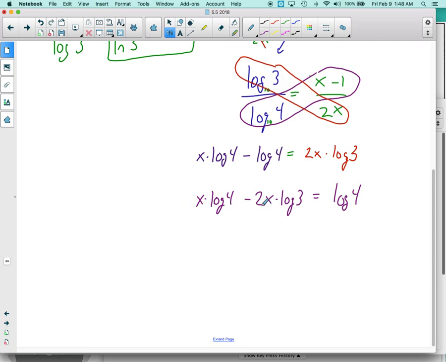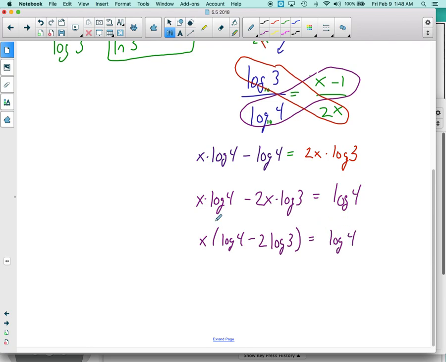Alright, so we're getting closer. We got the x's on the same side now. Both terms here have an x in them, so I can factor that x out. So x times log of 4 minus 2 log of 3 equals log of 4.